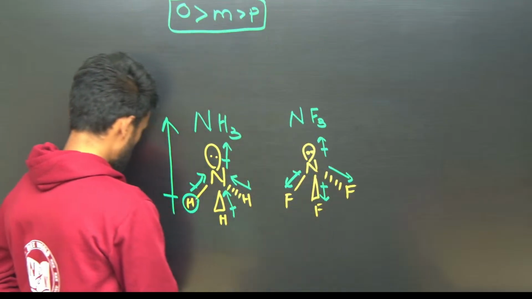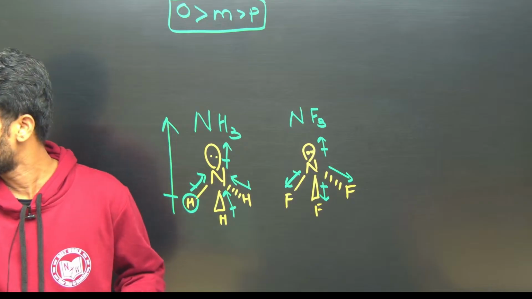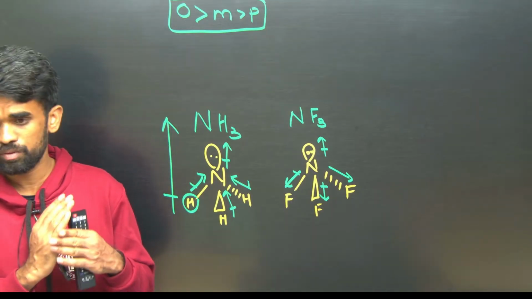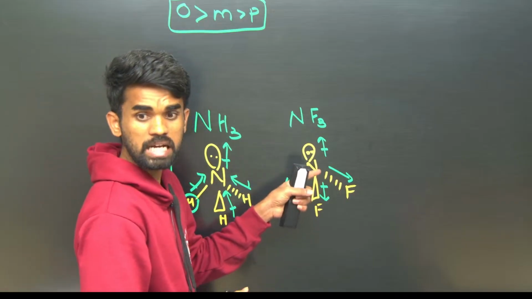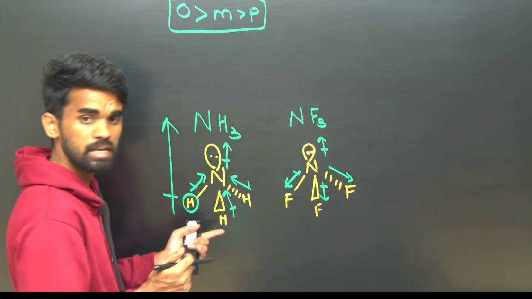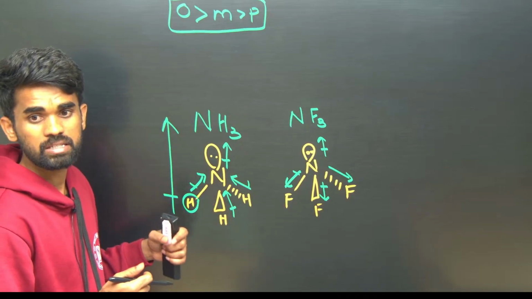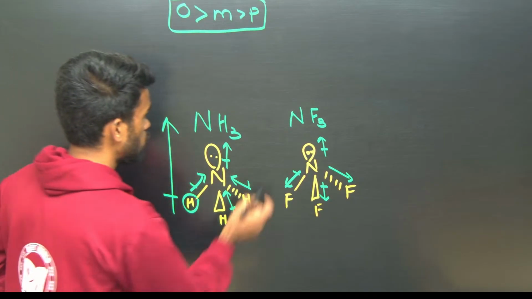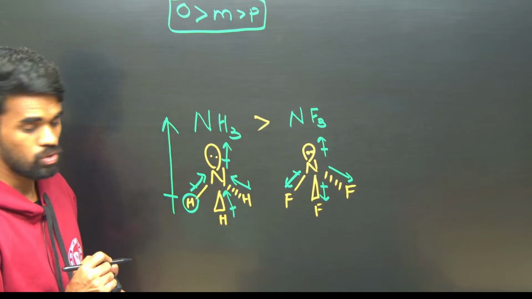They are cancelling out to some extent, not exactly, the forces are not equal here, but they cancel to some extent. So here the dipole moment cancels to some extent, but in NH3 the resultant is added. Therefore more mu will be seen in which case? NH3 case. Okay, so this will be the order like this. Okay, right.